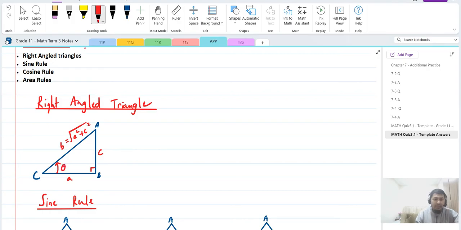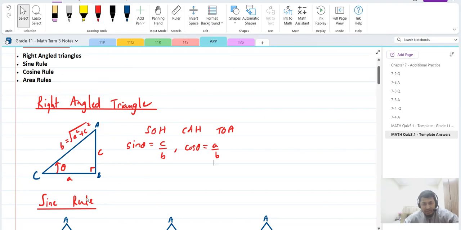Now whenever we have a right angle triangle with some angle here, which is theta, or an angle can be given there, if you want to calculate using right angle triangles, we need to use SOHCAHTOA. Sine theta is equal to opposite over hypotenuse, which is c over b. Cos theta is a over b. Remember, you get the value for b by taking the square root of a squared plus c squared.